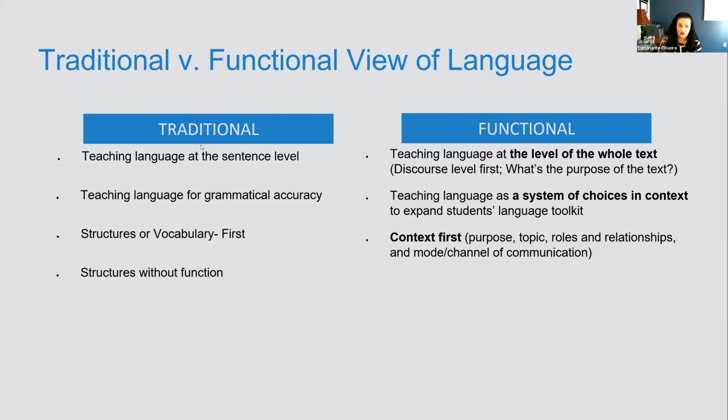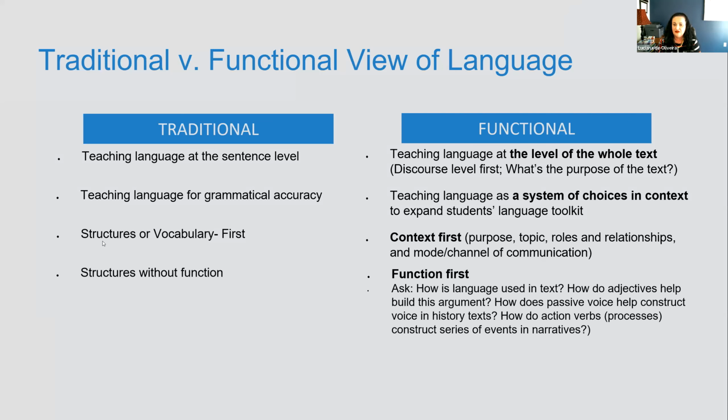In a traditional view, we have structures without function. With a functional view, we have function first. We ask questions such as, how is language used in this text? How do adjectives help build this argument? How does passive voice help construct voice in history texts? Actually, passive voice is extremely useful in history.